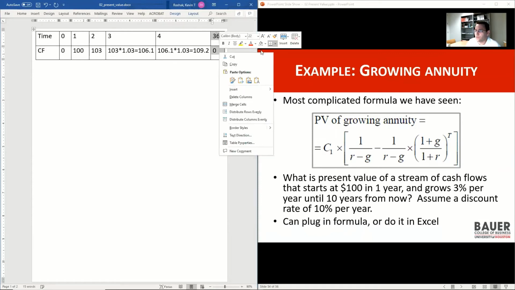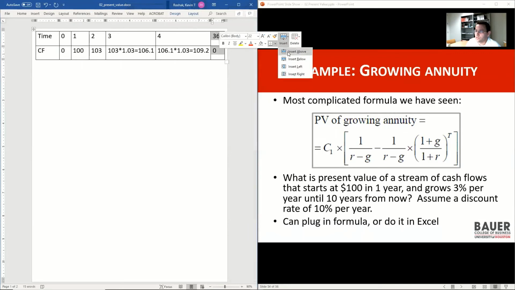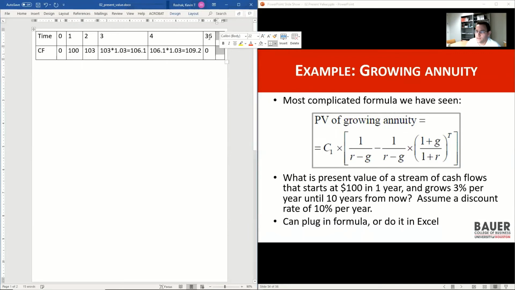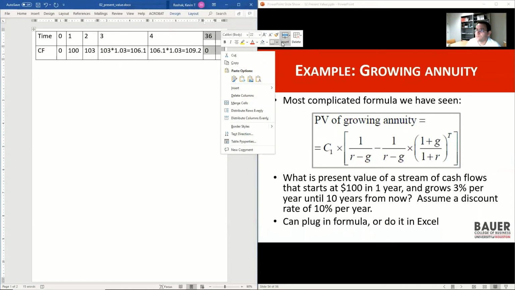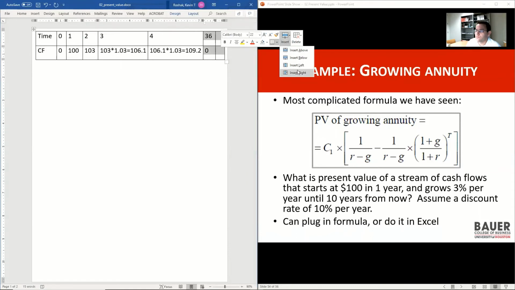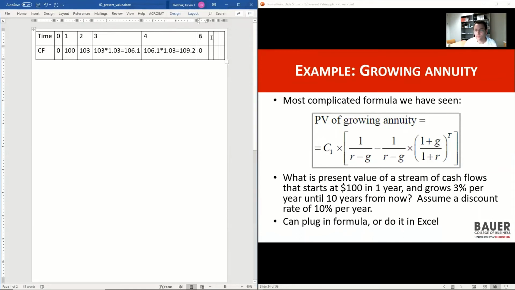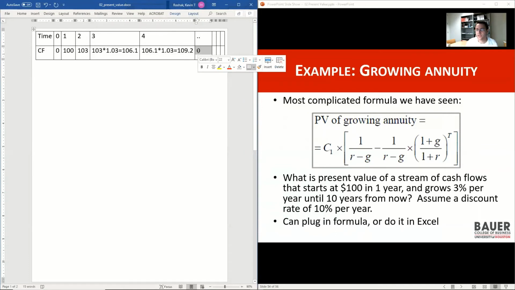So let's create some new rows that I just deleted. We're going to skip years 5, 6, 7, 8. We're going to just go straight to year 10.